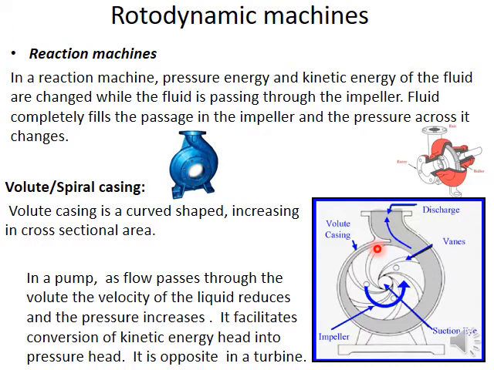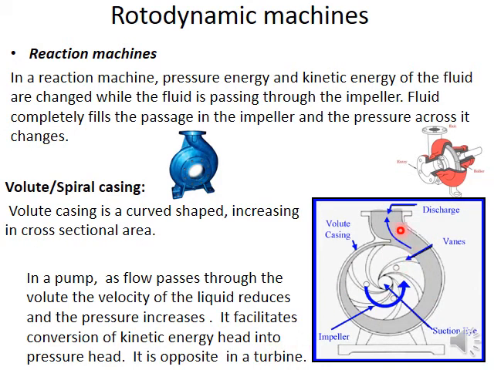So the velocity of the fluid here, which is leaving the impeller, is very high, very much greater than the velocity that is required in the pipe. So there is a lot of kinetic energy contained in this fluid, and that is recovered as pressure energy as it moves along this volute casing.